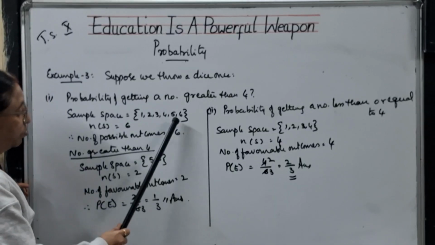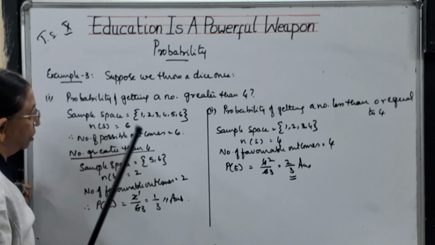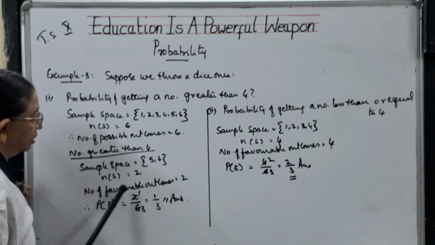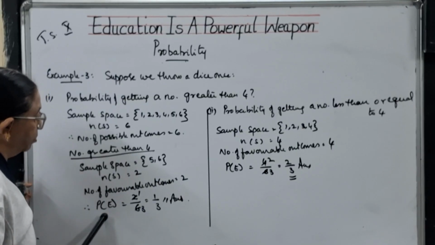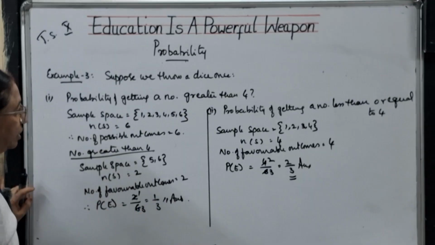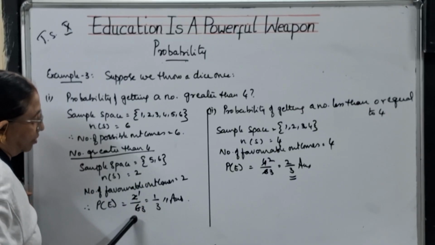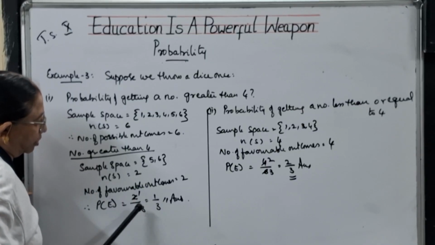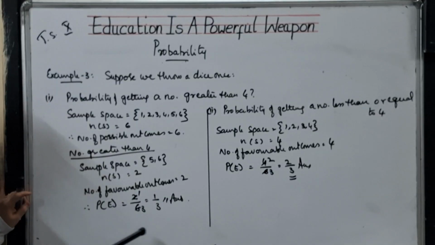So the sample space is 5, 6. That means you have got only 2 numbers in the sample space. That means favorable outcomes are 2. So probability of the event. What is the event? The event is getting a number greater than 4. That is 2 by 6, favorable outcomes by possible outcomes. That is 1 by 3 is the answer, children.